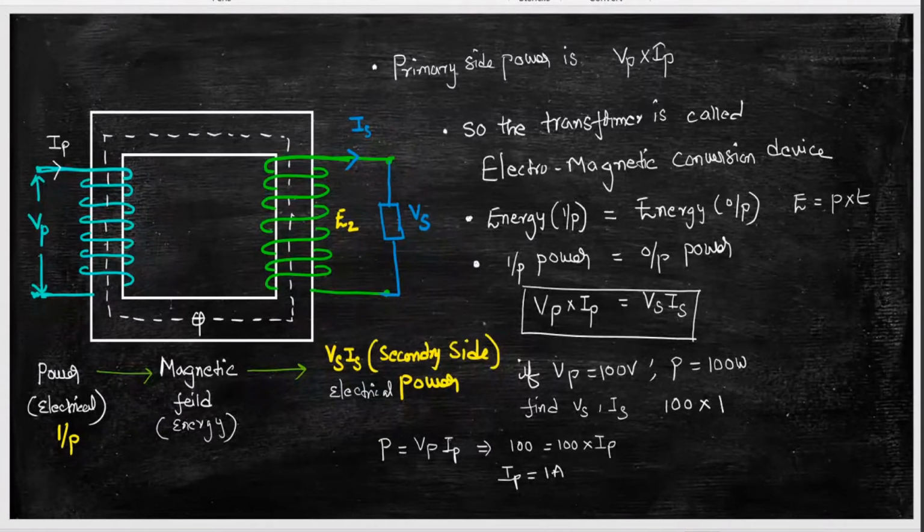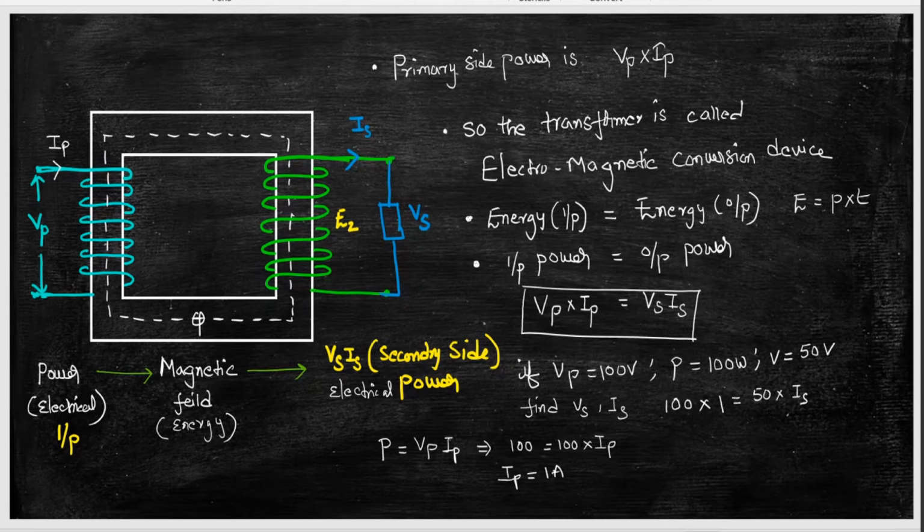Now let Vs be 50 volts, and that is equal to Vs into Is.